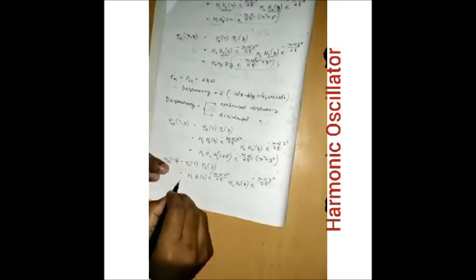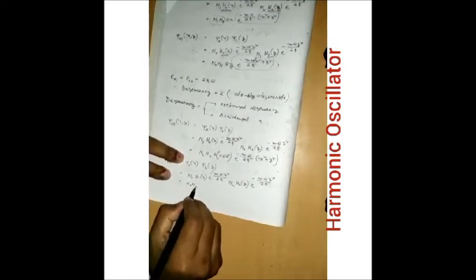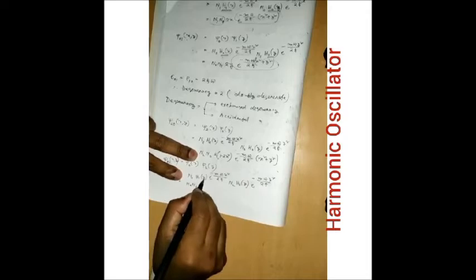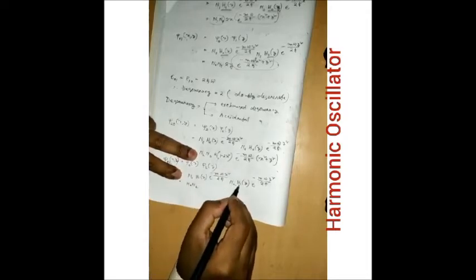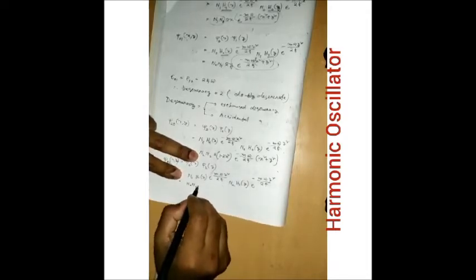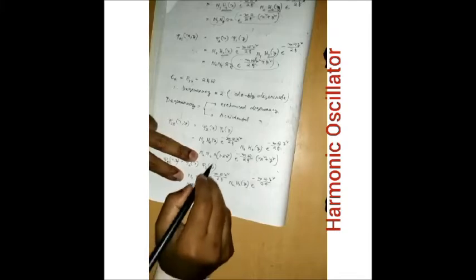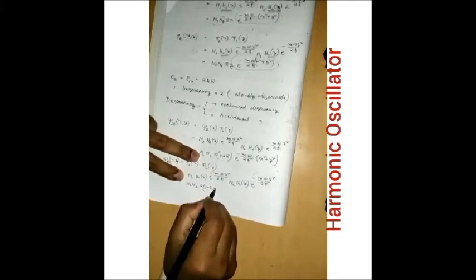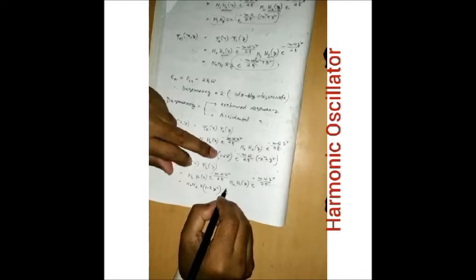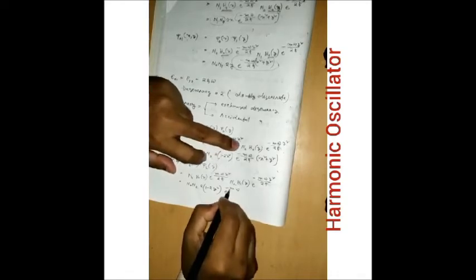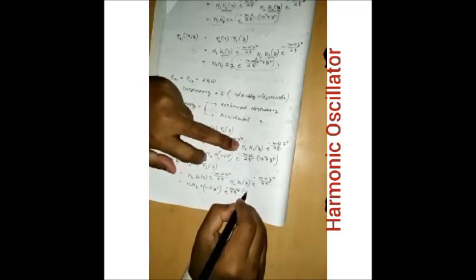So this value will be N naught and N2. This H naught x is 1 and H2 y is similarly 1 minus 2y square, and the other factors are e to the power minus m omega by 2 h cut times x square plus y square.